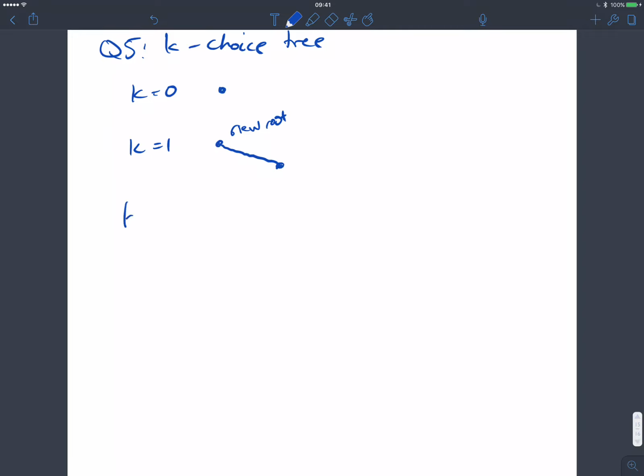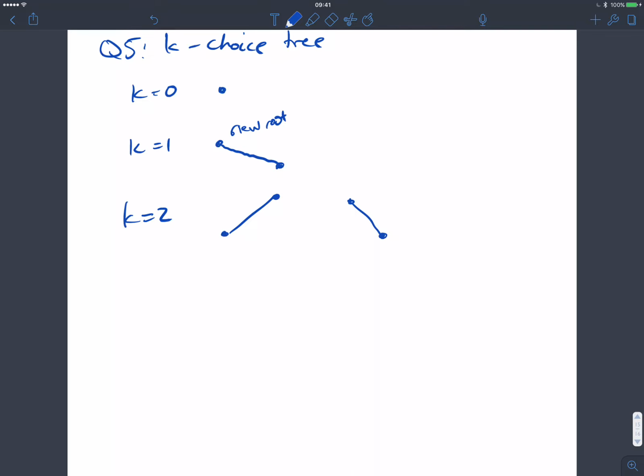Let's do k equals 2 for convenience. So I'm going to take two k minus 1, or so one choice trees. So I'm going to take two of these guys, and draw it better. Let's say I happen to do it this way for this one and this way for this one.